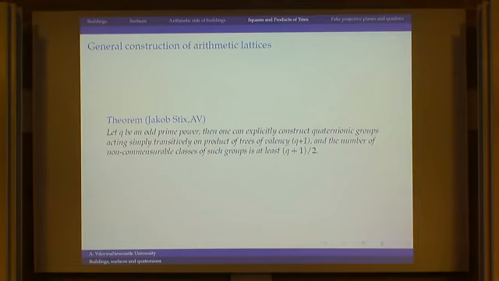This is also a difference from the previous case of Hamiltonian quaternions, which I just described, where for any set of primes you get one group. But here you have this prime power, and then you get a series of groups, at least (q+1)/2 non-commensurable lattices.